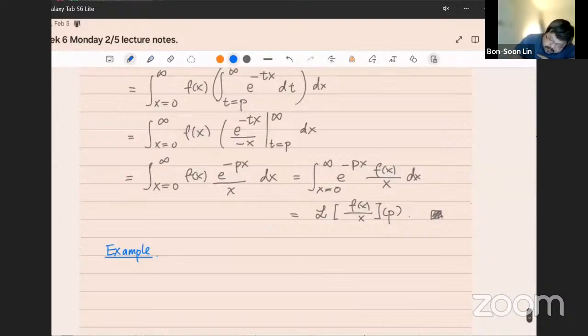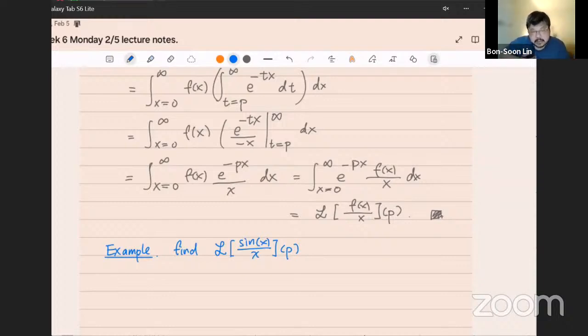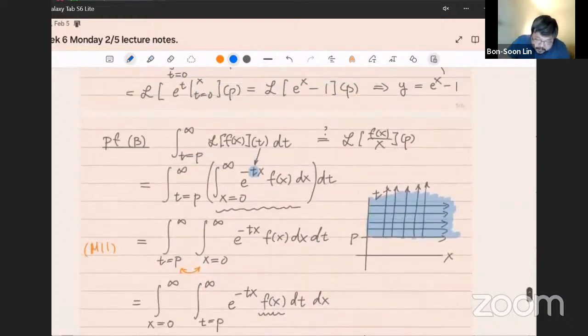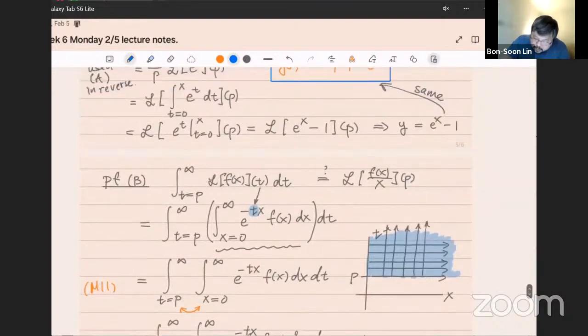For example, let's say we want to find the Laplace transform of something bizarre, say, sine of x over x. When you encounter this, you say, we know how to calculate the Laplace transform of sine, but what about sine of x over x? Wait a second. This has the form, a function over x, that we want its Laplace transform. So by using this rule, the Laplace transform of a function over x is just the integral of some Laplace transform. But this integral starts from p to infinity.